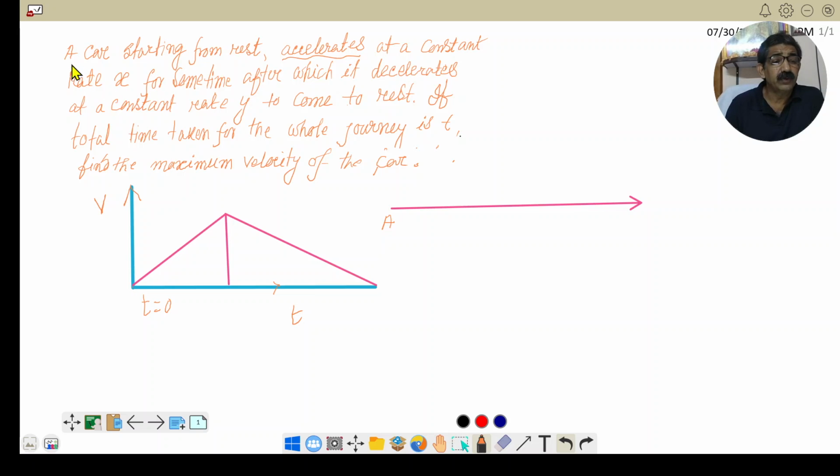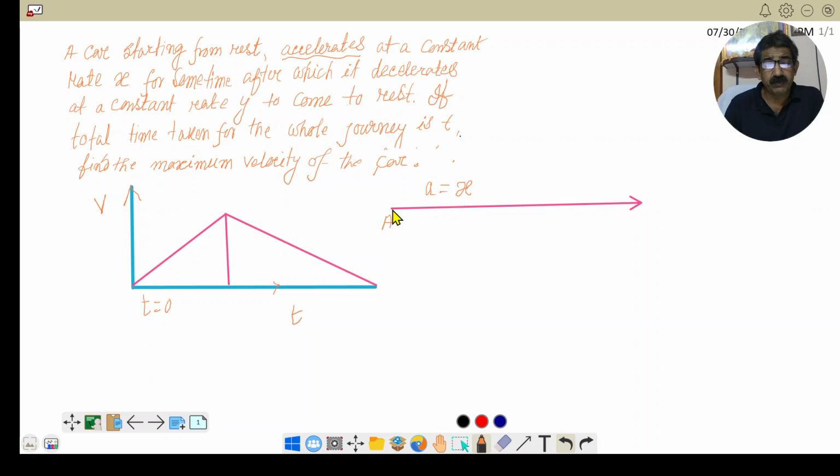So it is told a car starting from rest accelerates at a constant rate x. So acceleration is x for some time, after which it decelerates at a constant rate y.